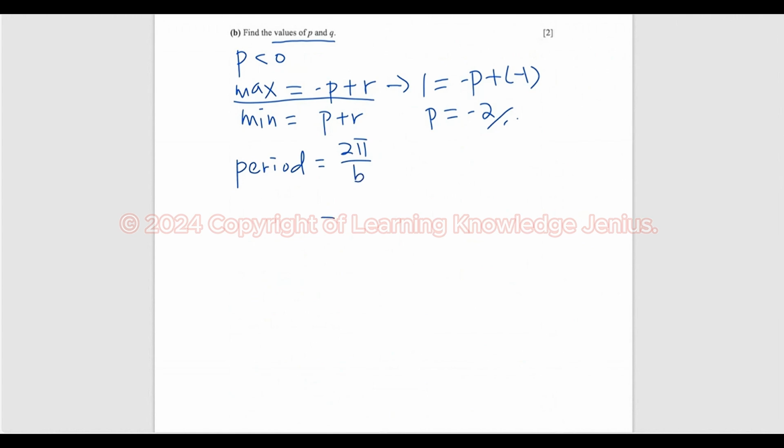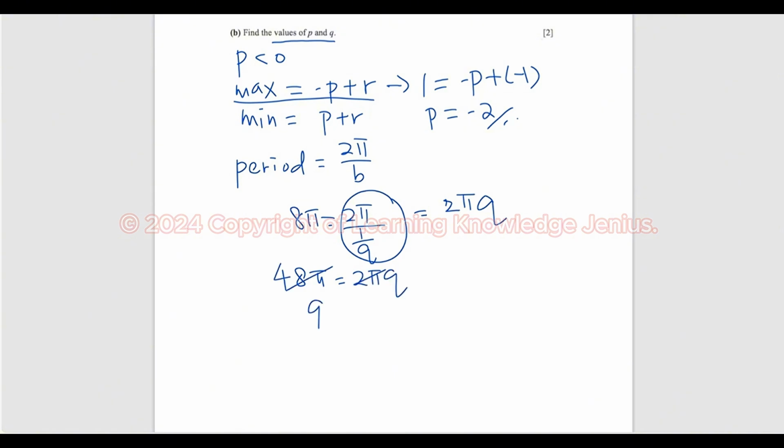In this case, we have 2 pi divided by 1 over q, and the period is pi. So pi is equal to, simplifying this, 2 pi q. Now we simplify and get q equal to 4. So this is how we find the value of q.